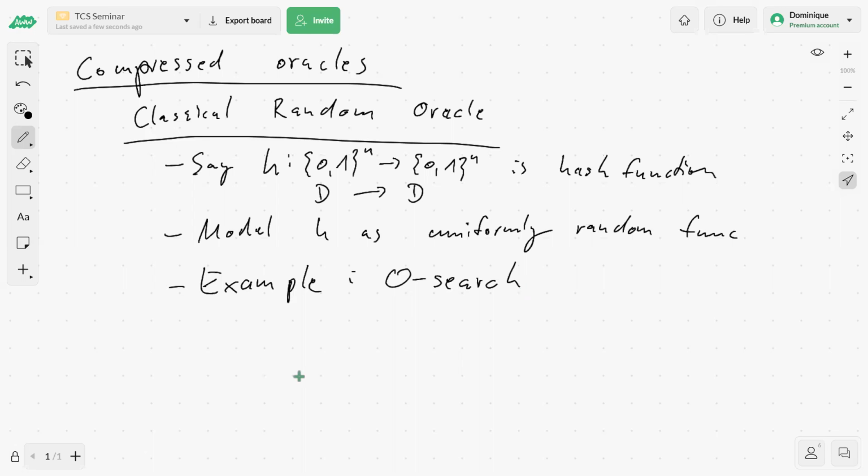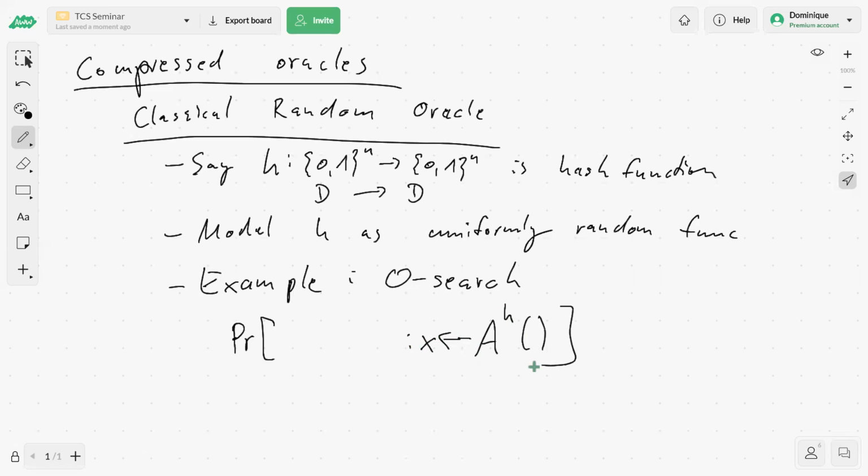What I claim is that the adversary has access to the random oracle H, so it can make queries, and output some value X afterwards.